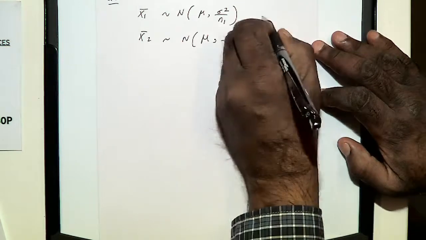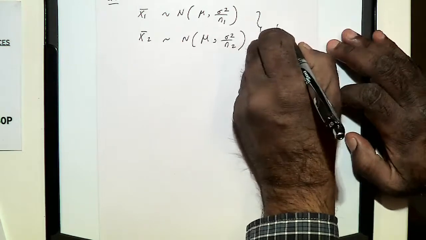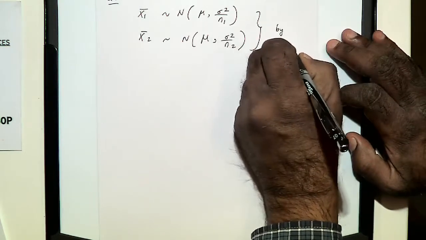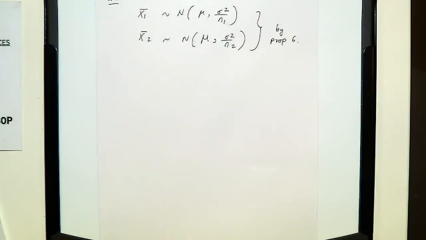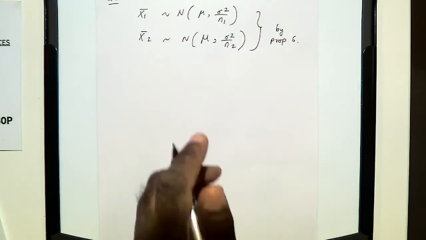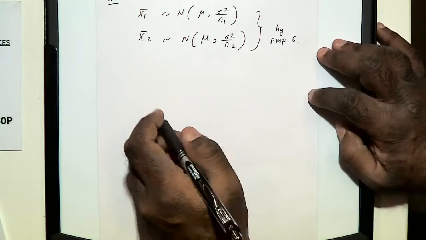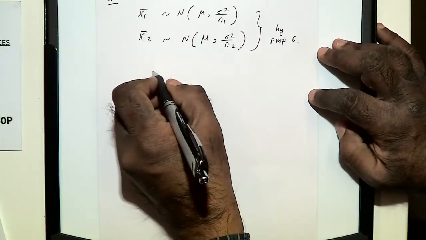So this is by property number 6, which I just mentioned to you, right? So you need to use this property. You can do it also without using these properties, but it will be longer. It'll be easier if you do it using these properties, right? So you have this estimator.